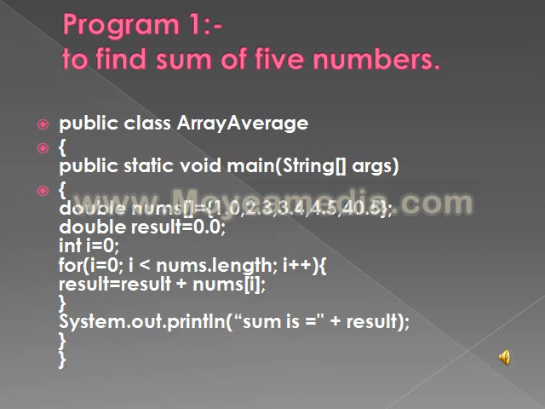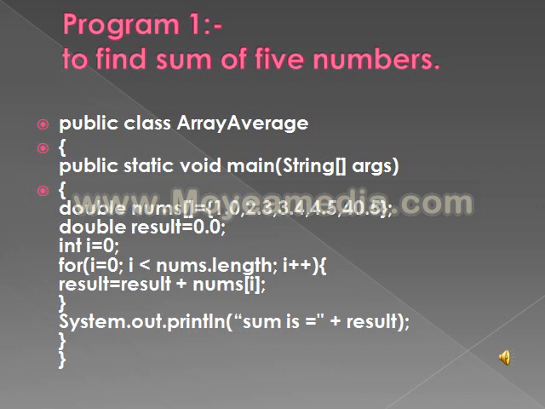So it is getting inside the for loop. result is equal to result plus num of 0. Already the result is initialized to 0.0 and num of 0 is 1.0. So if you add, you will get 1.0 and it is stored in the result variable itself.